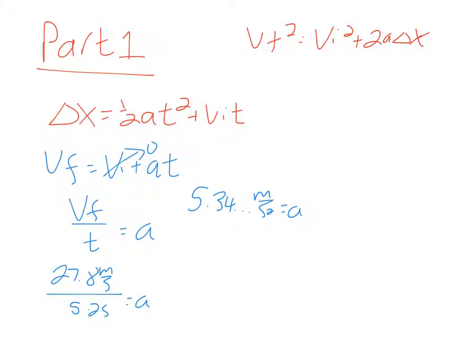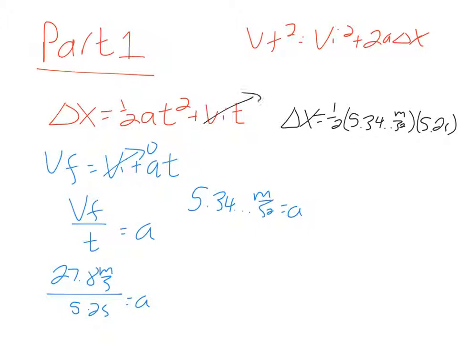unrounded number. Once you have acceleration, you have a choice whether you want to use this equation or this equation. Either one will get you the exact same answer. I'm going to use this one, but again, it doesn't matter which one you use. So delta x equals 1/2 times the unrounded acceleration, 5.34, keeps on going, meters per second squared, times 5.2 seconds squared.